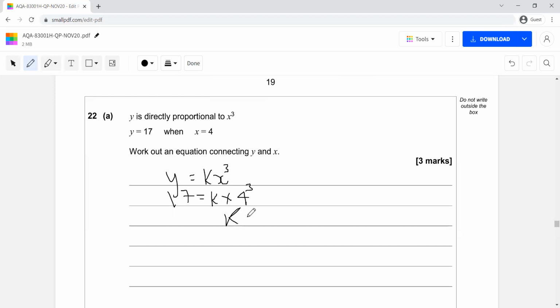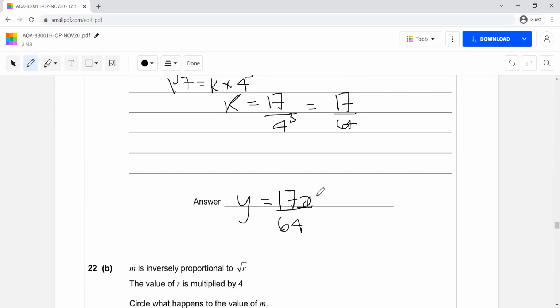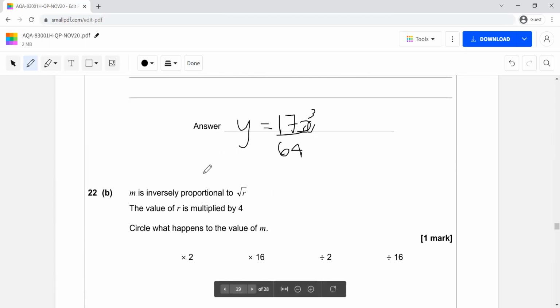So k is 17 over 4 cubed, and 4 cubed is 64, so k is 17 over 64. We're almost done. All we have to write now is y is 17 over 64 x cubed. And we are done with this part.